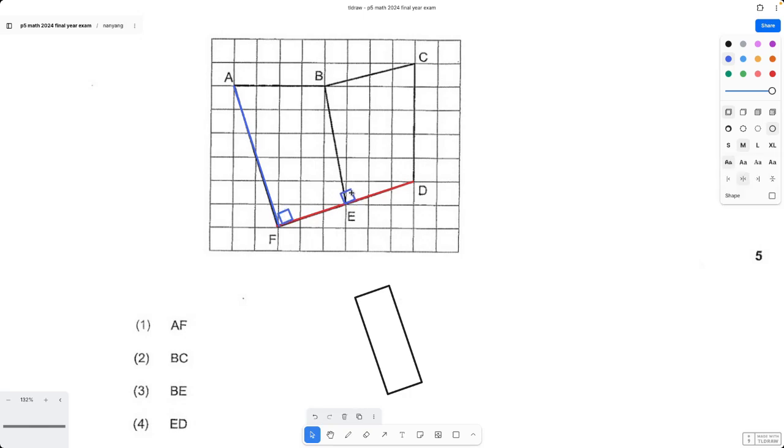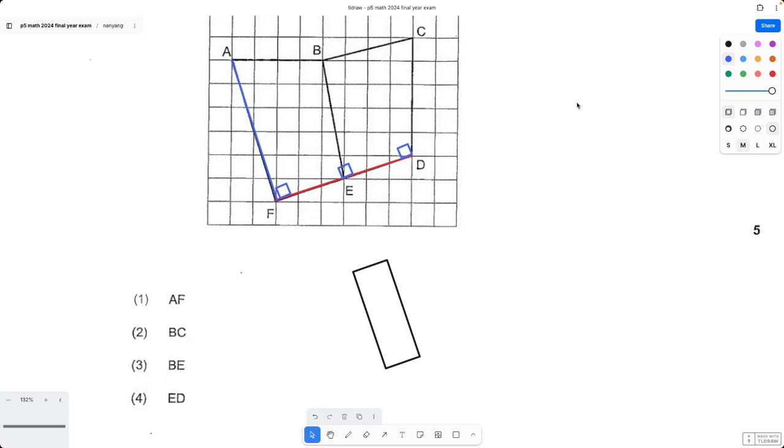This one is not perpendicular, sadly, and this is not either. For AE, in orange, the line is over here, it's not perpendicular. Then I'll make this one purple, and for CD I'm going to use a different color.